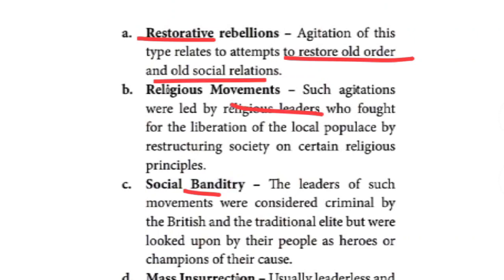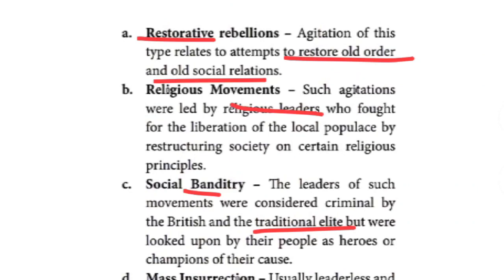But at the same time, the traditional people considered them heroes or champions of their cause.